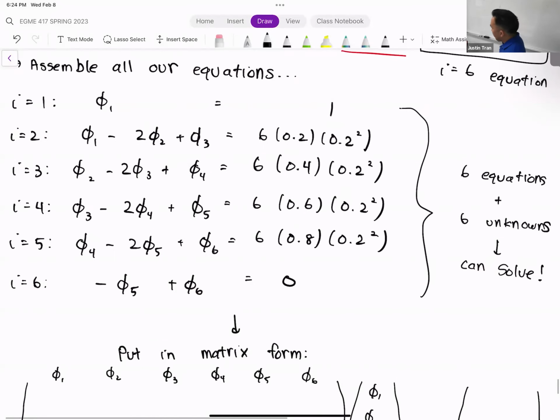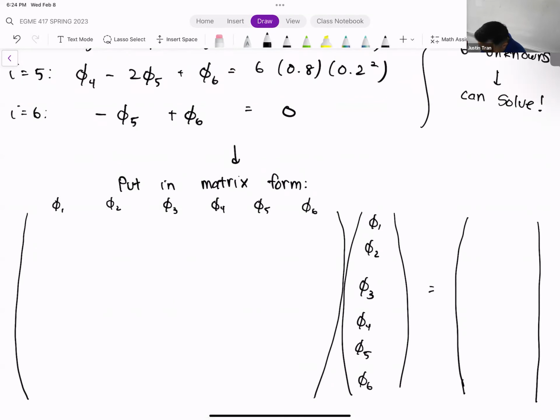Our first row is just phi1 is equal to 1. That means we're going to have a 1 on the phi1 term, and zeros everywhere else. And on the right-hand side, we're going to have a 1 there. Okay.